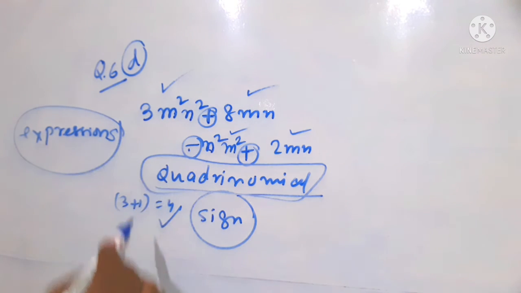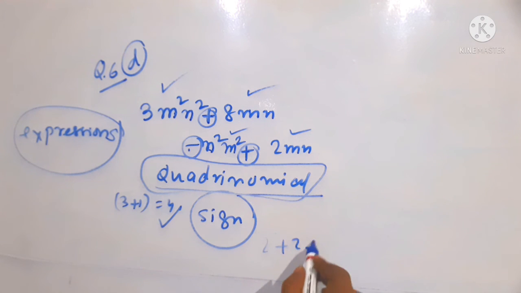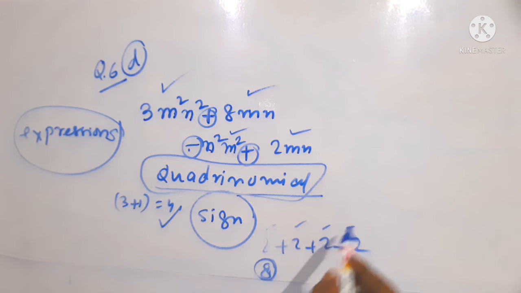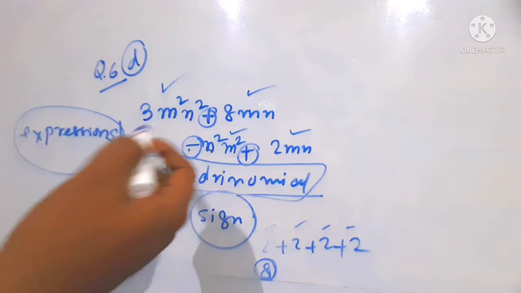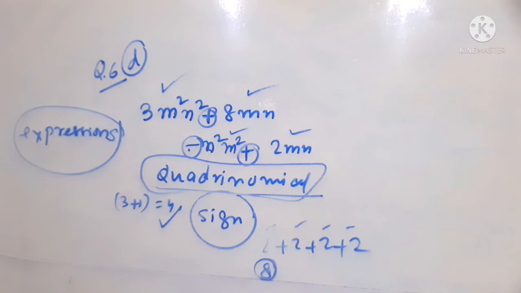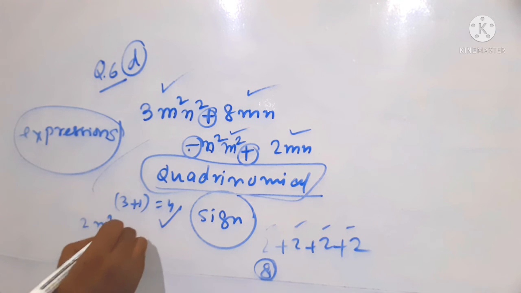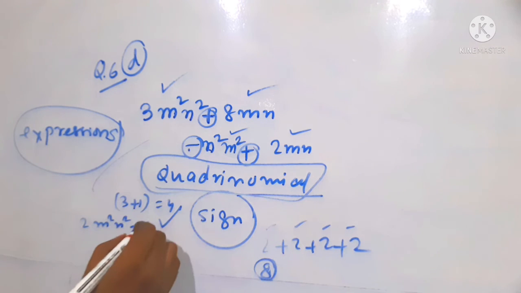So for the expression, you can write it. How many terms are there? Will you say this is one term? 1, 2 plus 2 plus 3, 8, one term? Will you say that? No. Expression. How many terms? 4. But it is not asked what the calculation is. From calculation you will find 2m square n square and 8 plus 2, 10mn.